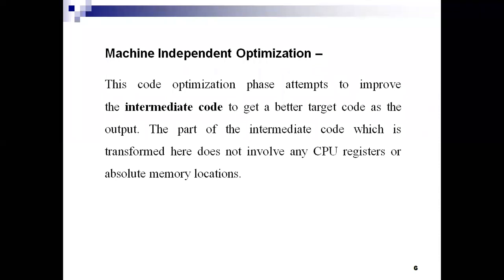Whatever the code, that code should be analyzed completely, and we use an alternative equivalent sequence of the source code. What it means is that it will produce a minimum amount of the target code. When we have such an equivalent sequence of source code, then we can say that it is a machine independent optimization code, right?